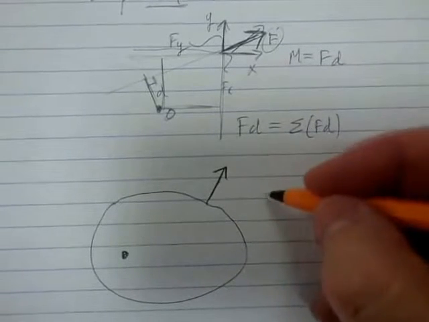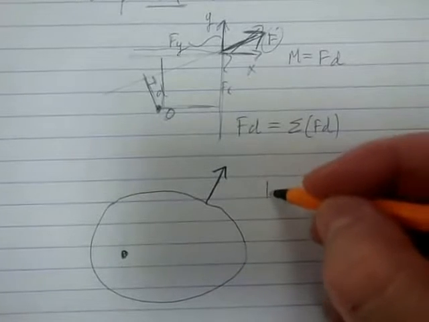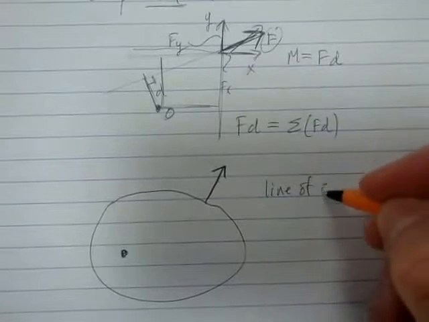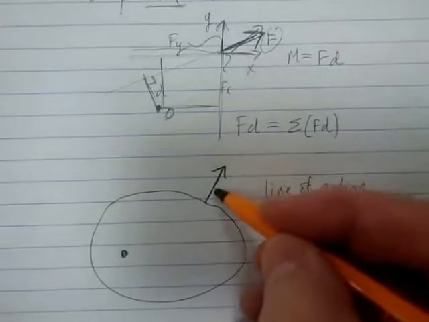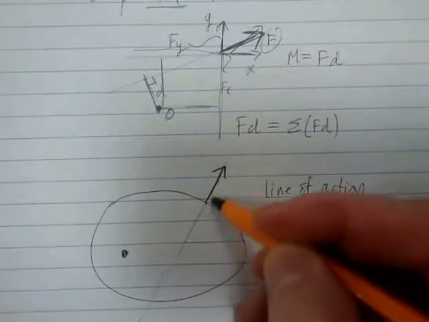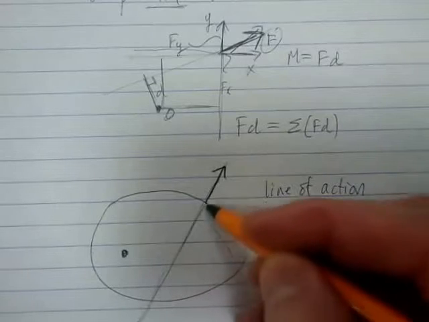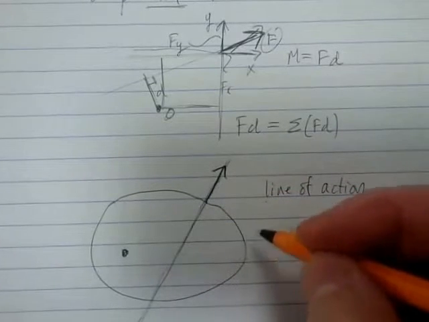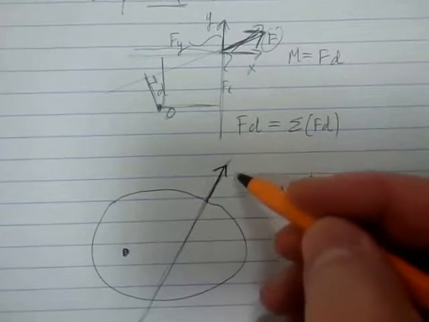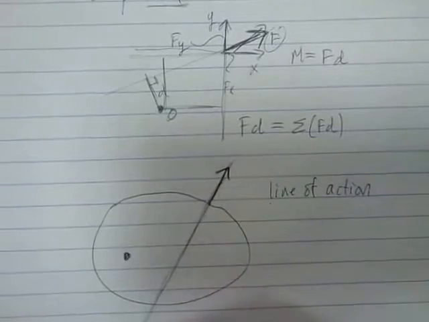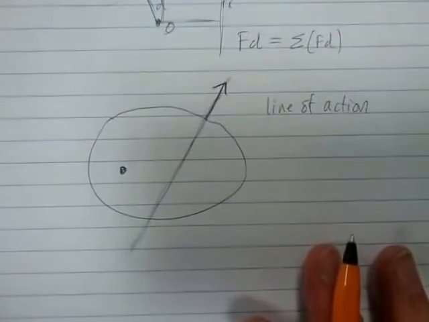Well, this is where you need to be able to draw the line of action. If you can't tell what's happening, draw the line of action. There's my line of action. What we have learned in this course is that because we're working with a rigid body, we can apply this force anywhere along the line of action and it will have the same effect.